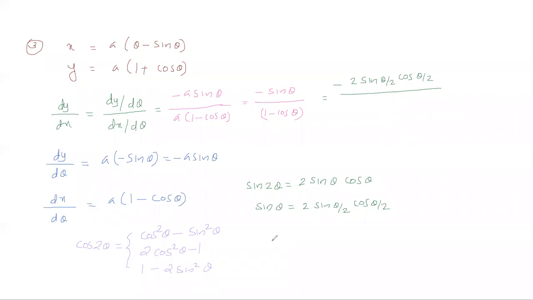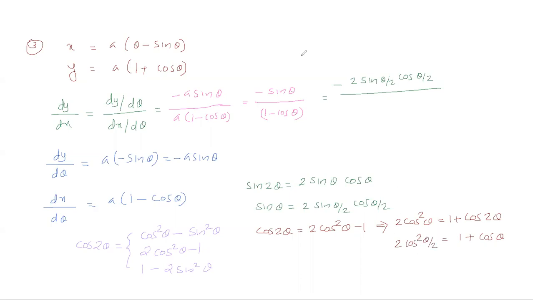If you use the second result, cos 2 theta is equal to 2 cos square theta minus 1. From that you can say that 2 cos square theta is equal to 1 plus cos 2 theta. So if you make the angle half, 1 plus cos theta is equal to 2 cos square theta by 2.